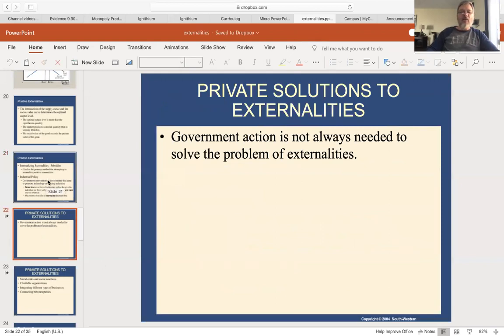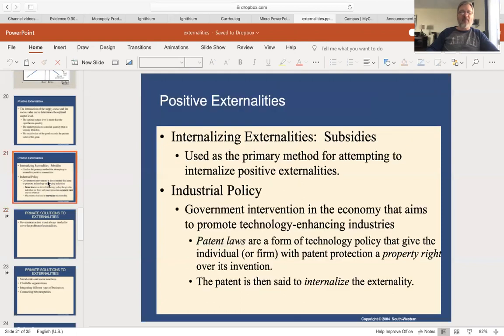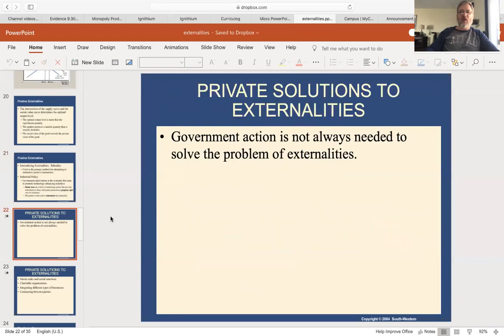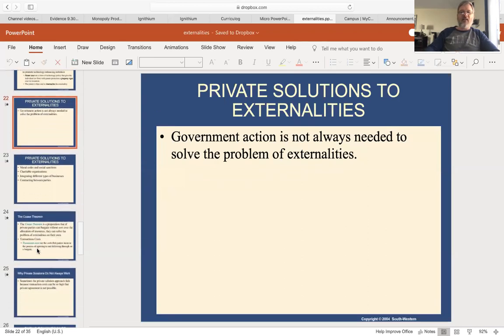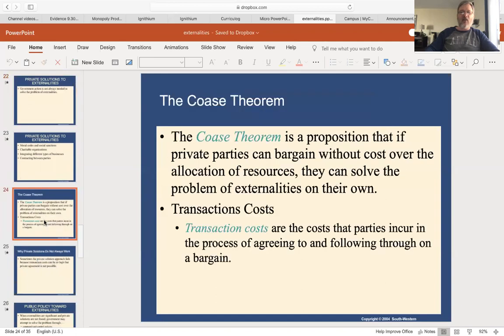So we've talked about these government solutions, these taxes and subsidies that can internalize externalities, but there are cases in which very little government intervention is required, and the key idea there is something called the Coase theorem. The Coase theorem was first proposed by Ronald Coase, who won the Nobel Prize in economics, but he was actually a professor of law at the University of Chicago.